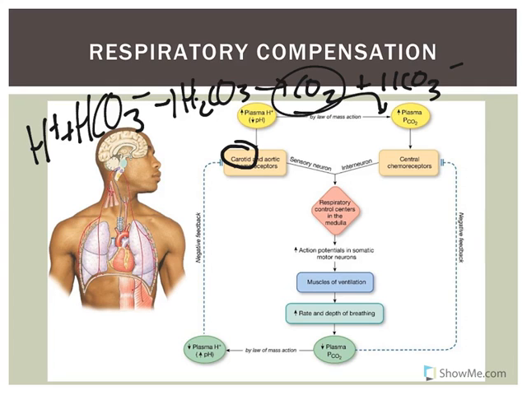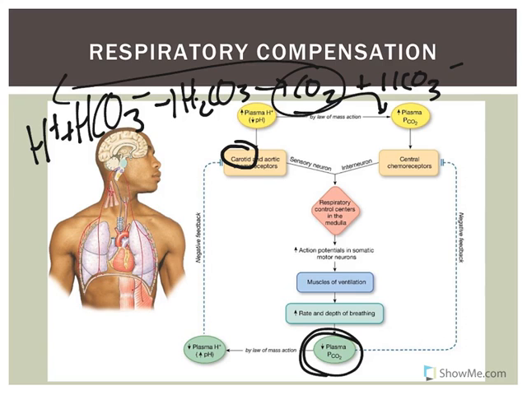But what we have is, if you've got metabolic acidosis, you will increase ventilation. And when you do that, that helps to decrease carbon dioxide. And again, by law of mass action, we're going this way, that will help to decrease hydrogen ions.